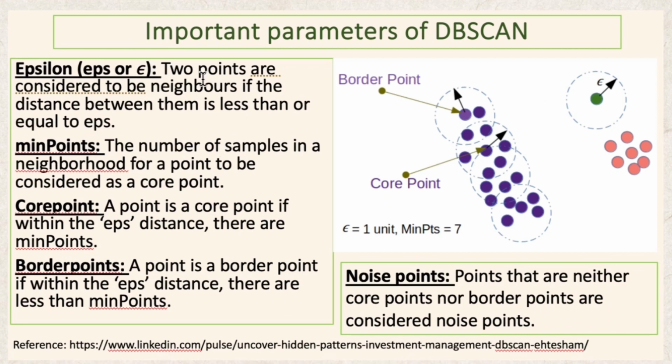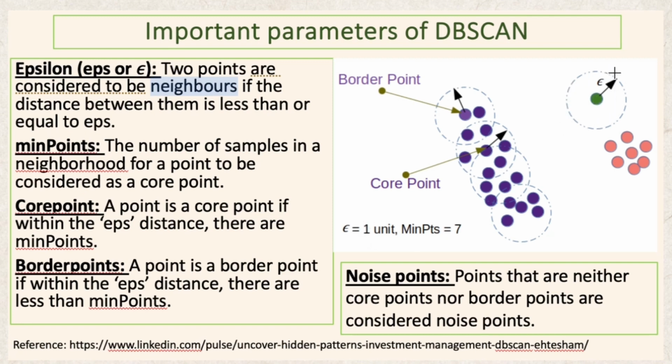So let us look at some of the important parameters of DBSCAN. Epsilon is one of them. This indicates two points are considered to be neighbors if the distance between them is less than or equal to epsilon. If you look at this, a cluster is formed by small neighborhoods, just like these circles. Each circle has a radius, and this is nothing but epsilon. In this case, we assume epsilon is 1 unit.